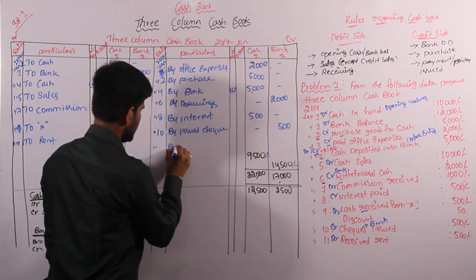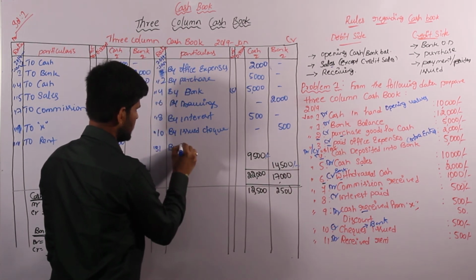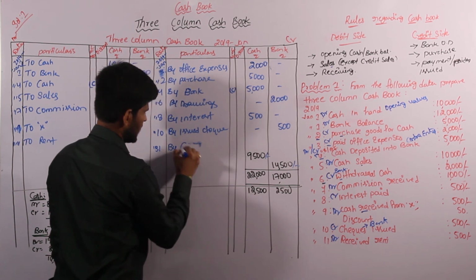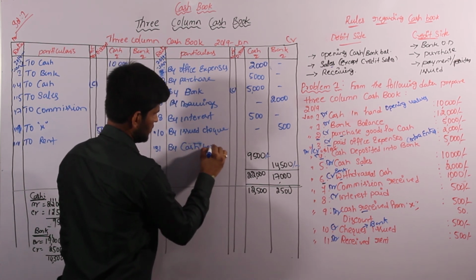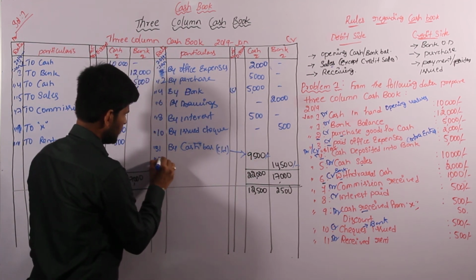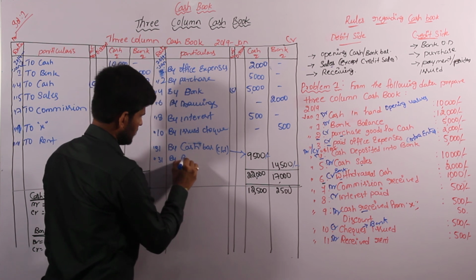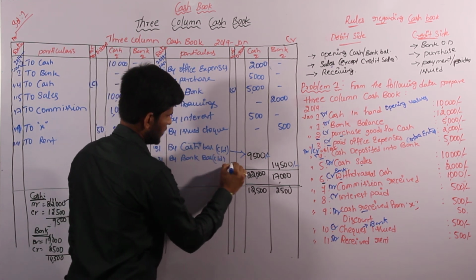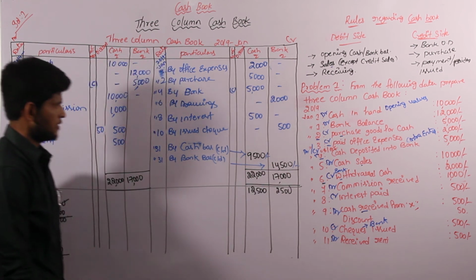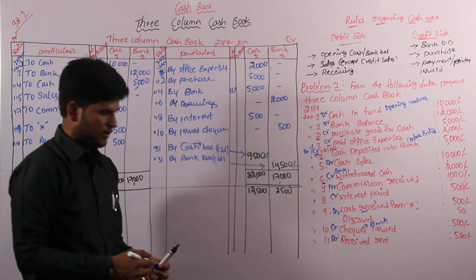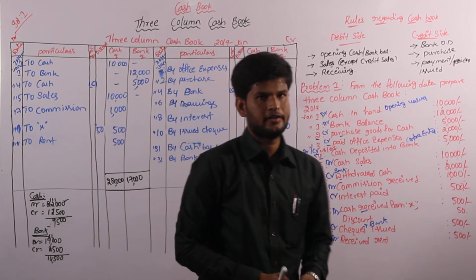So we have to write January 31st, by cash balance carried down, this is the value. Again on 31st, by bank balance carried down, this one. So this is the proforma to calculate the three-column cash book. In our next problem we are going to solve some logical transactions.